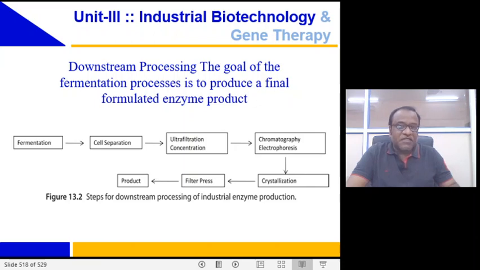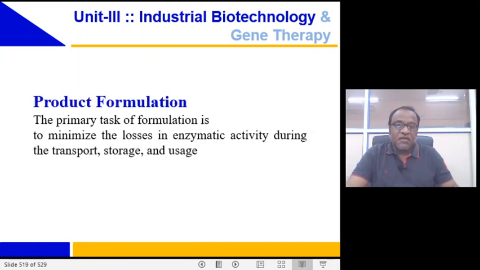All these factors are taken into consideration when you are having a strategy for downstream processing of the formulated enzyme product. Right. So enzymes are sold as stabilized liquid concentrates or maybe even particulate solids.